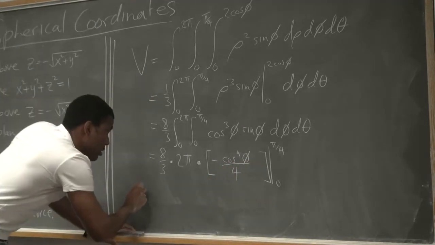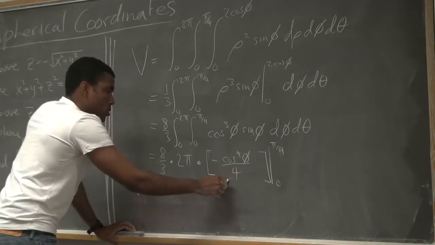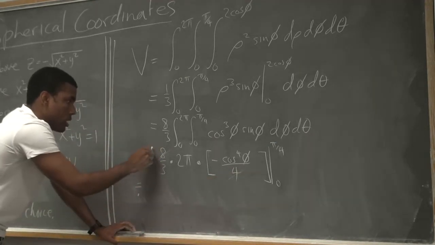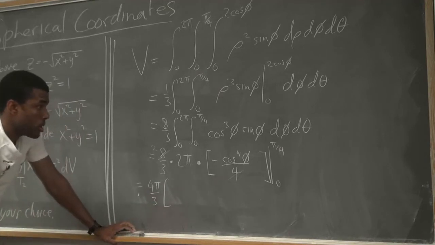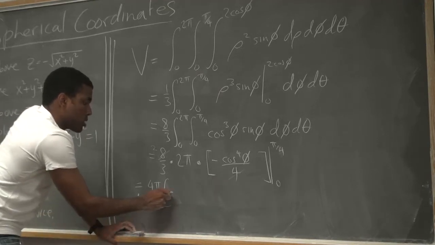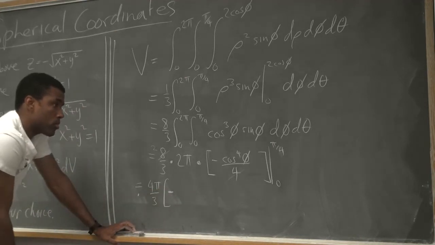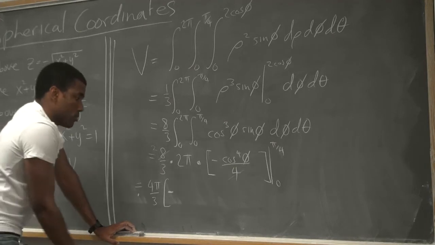And then, so this 4 is going to kill that 8, get 2. So we have 4 pi over 3 times, if I plug in pi over 4, I get minus, what's cosine pi over 4? Root 2 over 2.